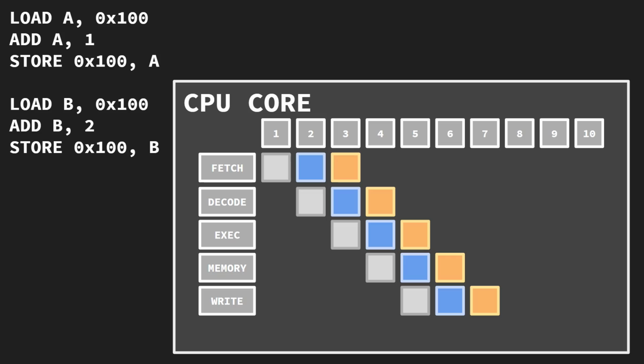If this is what the programmer did, he said, okay, I want to load this number, increase it by 1, and store it back. And then I want to load another number. I don't know why they put B, but let's just do that for an example. And then increase it by 2, and then put that back from B. You can't reorder this. So there will be a bubble here, because they're going to use the same memory address.